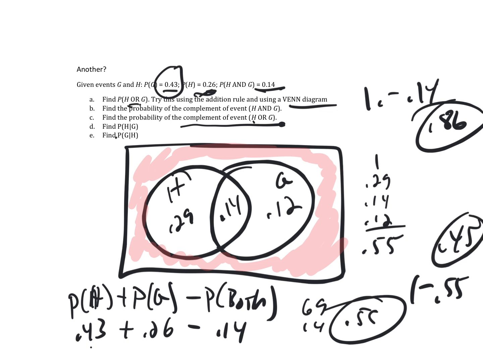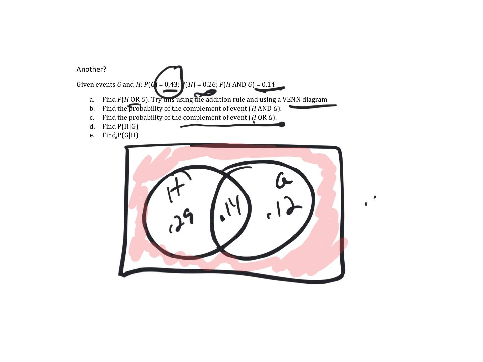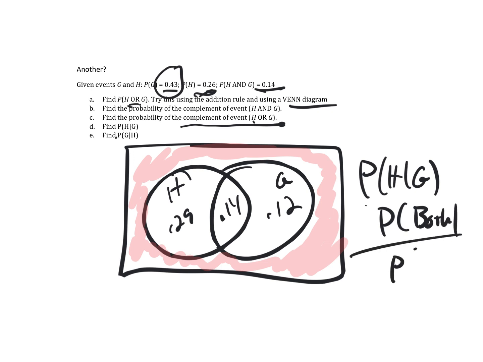Then they're asking us to find a couple of conditional probabilities. The probability of H given G. Remember, that's the probability of both H and G divided by the probability of G, because G's on the bottom. G's the condition.